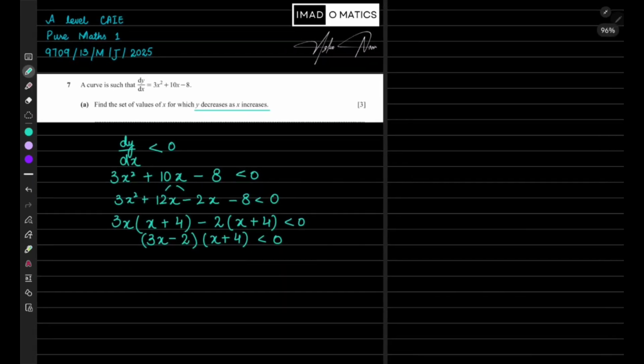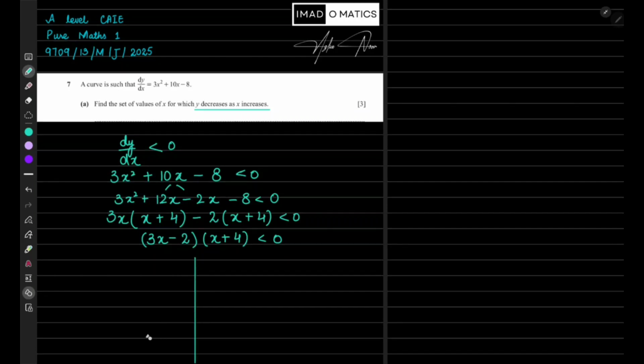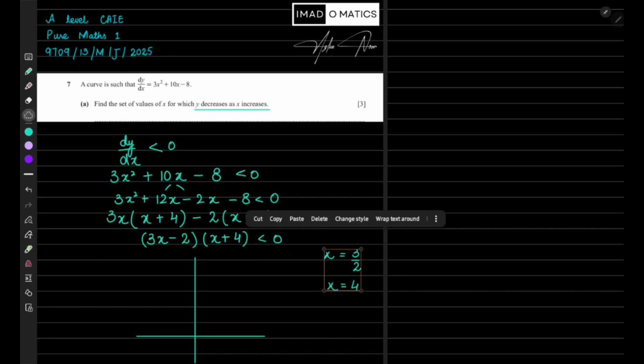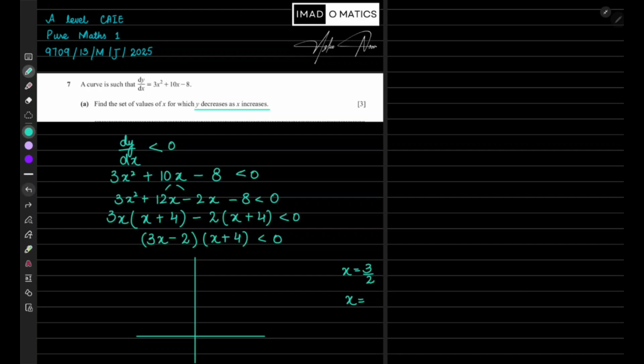Now we know how we can solve a quadratic inequality. It's not the same usual way like we solve a quadratic equation. We have to make a graph for it. And we have the values. From these, we get the values x equals 3 by 2 and x equals minus 4.